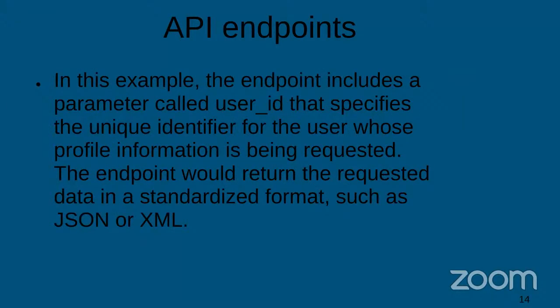The parameter is the user ID, and the response will be given either in JSON or XML. This depends on how you've set your output in tools like Postman, Swagger, Karate, or JMeter.